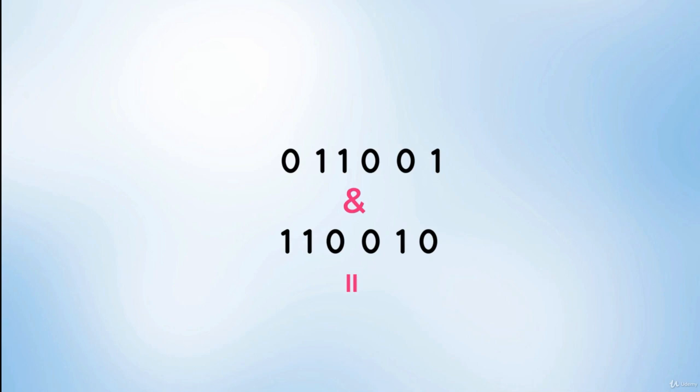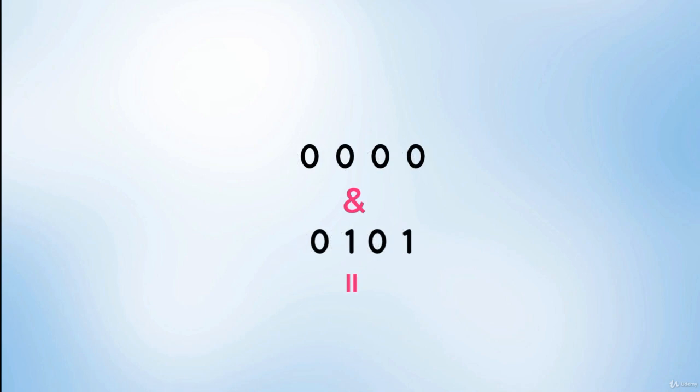In the first pair, since one of these is 0, we put a 0. In the second one, both of them are 1s, so we put a 1. In this one, one of them is 0, so we put a 0, and we keep doing this until eventually the resultant AND operation would yield 010000.